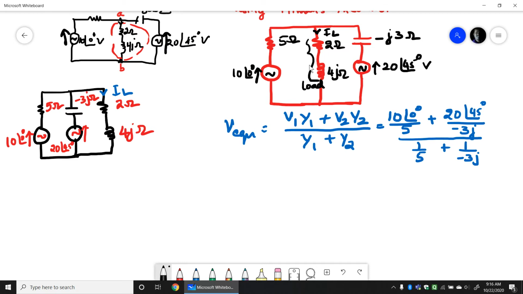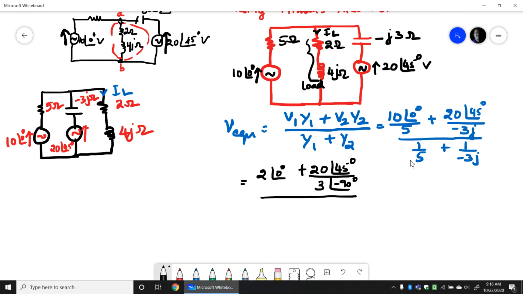So here 10 at an angle 0 degree by 5 would be equal to 2 at an angle 0 degree. This minus 3j, if I convert into polar, 0 comma minus 3 will give me 3 at an angle minus 90 degree.